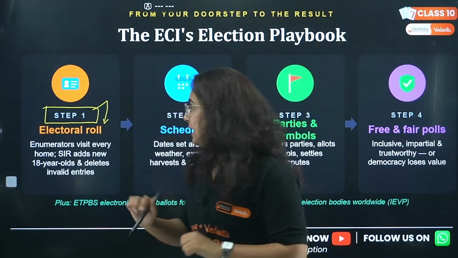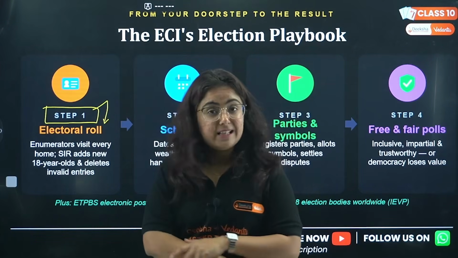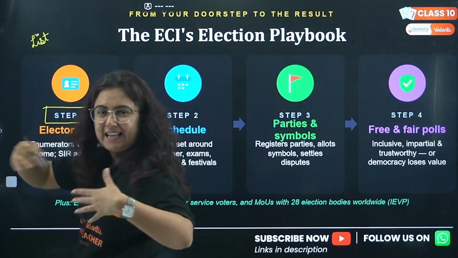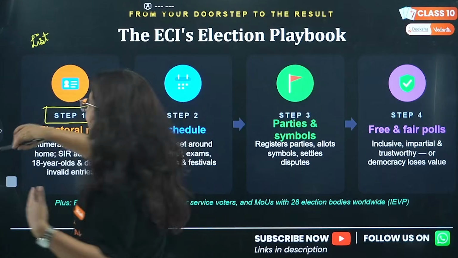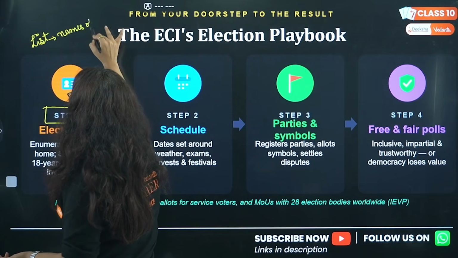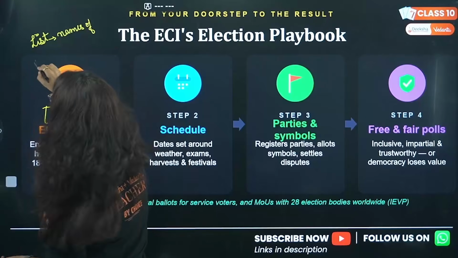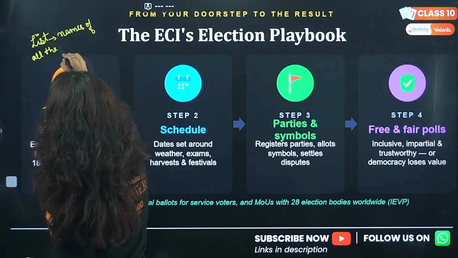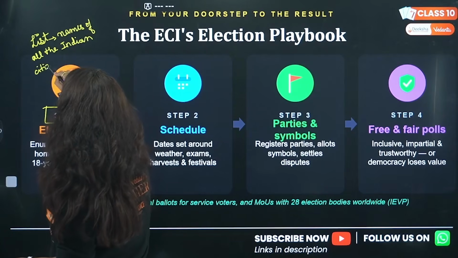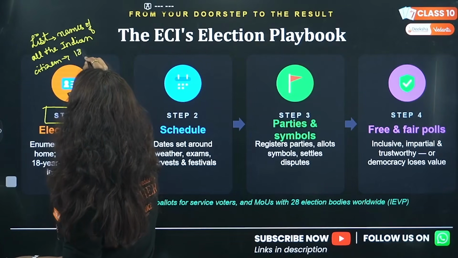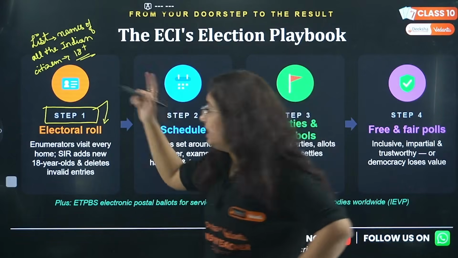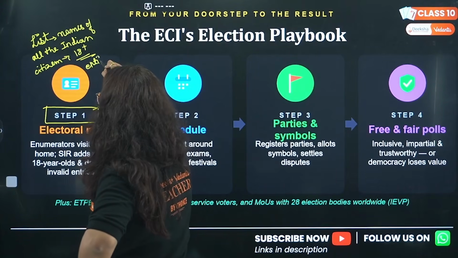Okay, so electoral rolls. What is an electoral roll? It is a list, like the camera rolls that used to come in earlier times. It contains the names of all the Indian citizens of the age 18 years and plus, who are entitled to vote.